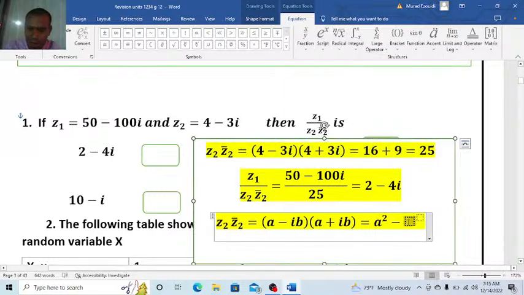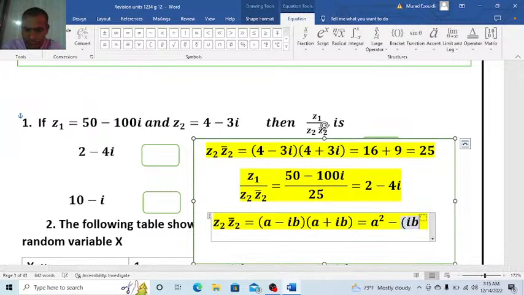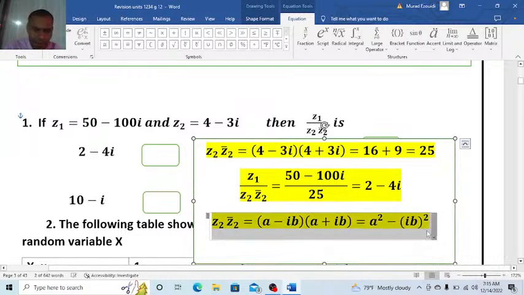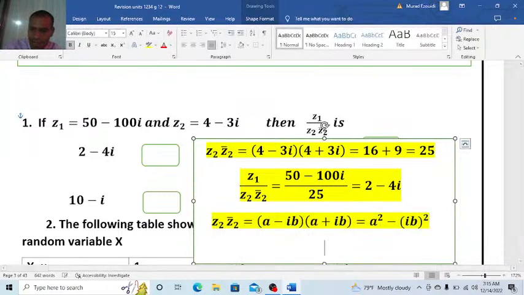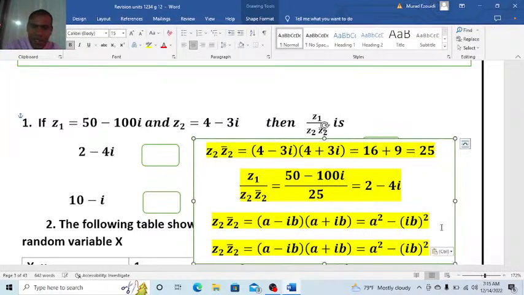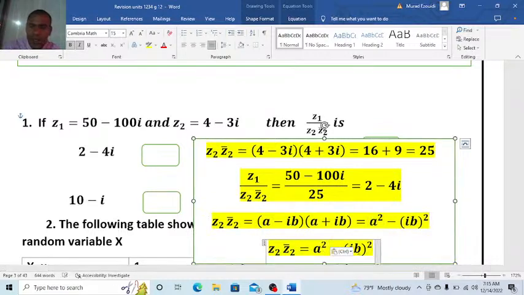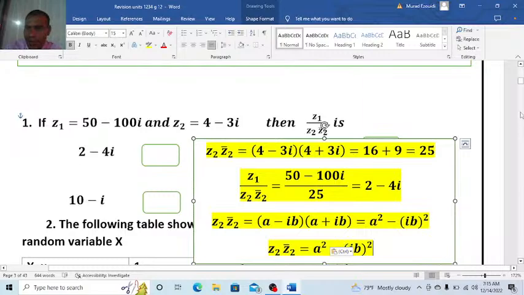You already know that this is equal to a squared, then minus, I will go down.